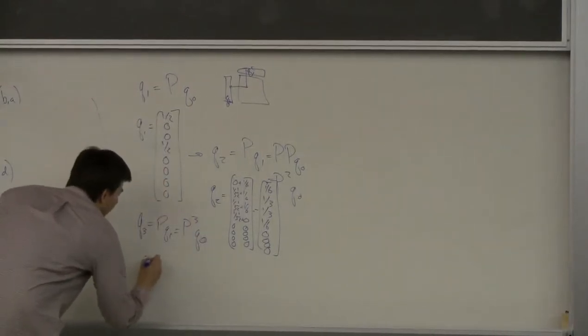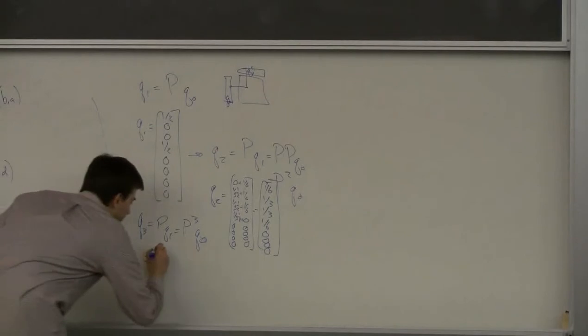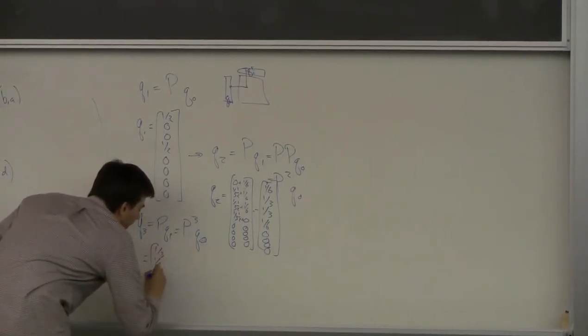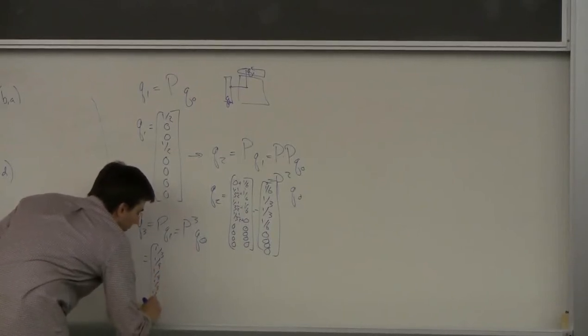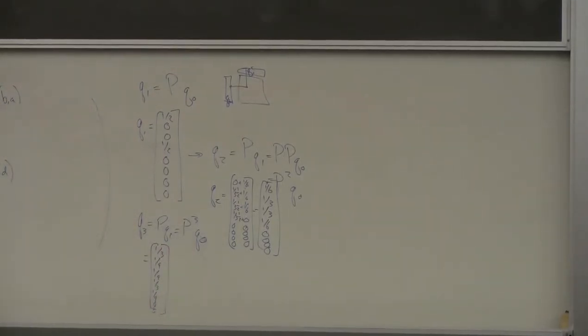I'll just write out the answer: 1/3, 1/9, 1/9, 1/3, 1/9, 0, 0. So after 3 steps, if I start at B, I can finally make it over to E. But it only happens 1/9 of the time.